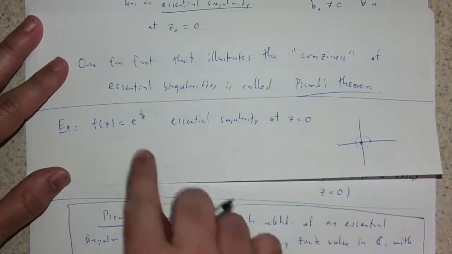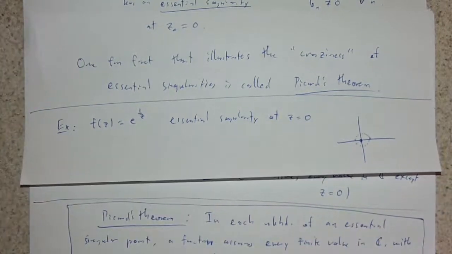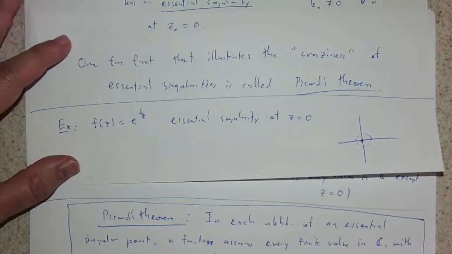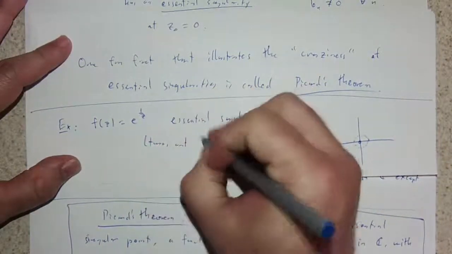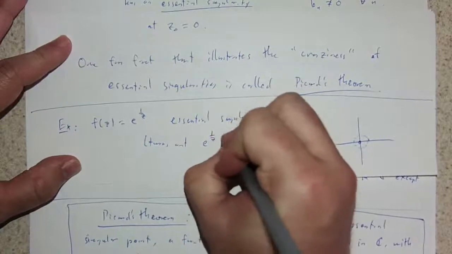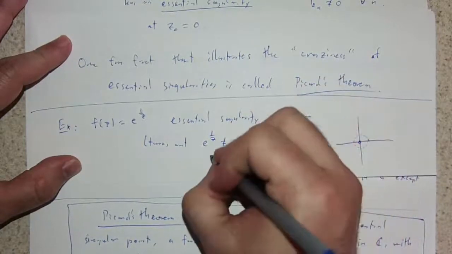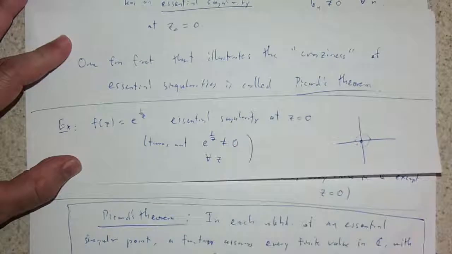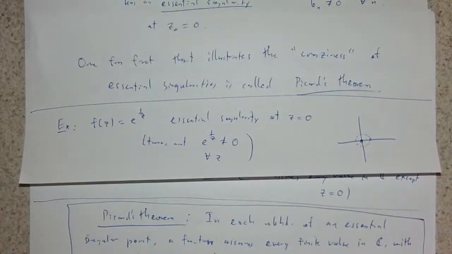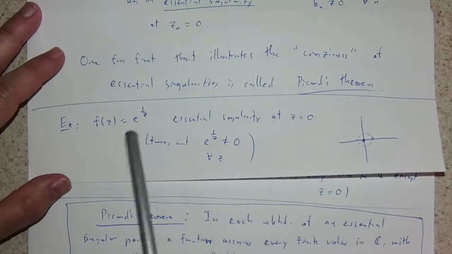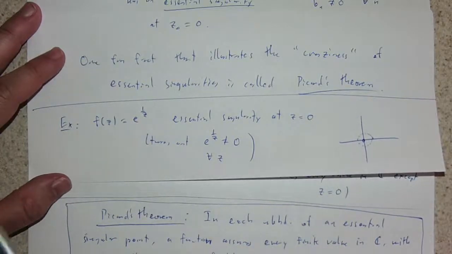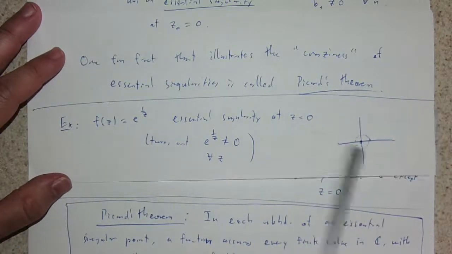What is the exception? Turns out that 0 is the exception. e to the 1 over z is never equal to 0. So pick any other complex value, and e to the 1 over z assumes that complex value infinitely many times in that neighborhood.